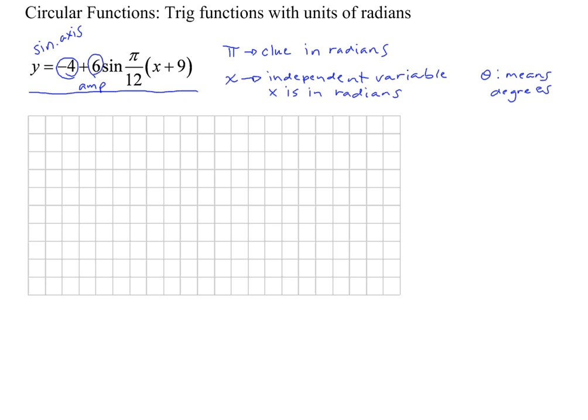Okay, so I'm going to go ahead and draw my axes on. It looks like the sinusoidal axis is -4, so I'm going to make sure I have lots of room at the bottom part of my graph. I'm going to have everything go up by 2's to make sure that I fit everything on the graph.